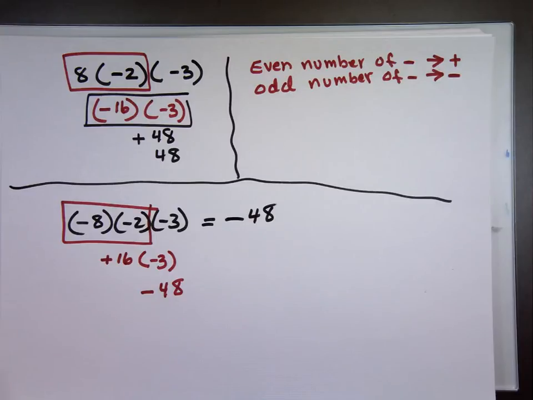Well, that's what multiplication is about. Division is the same as multiplication, the same rules. Same sign, the result is positive. Different signs, the result is negative.